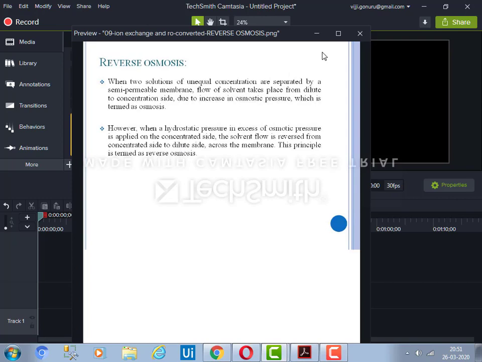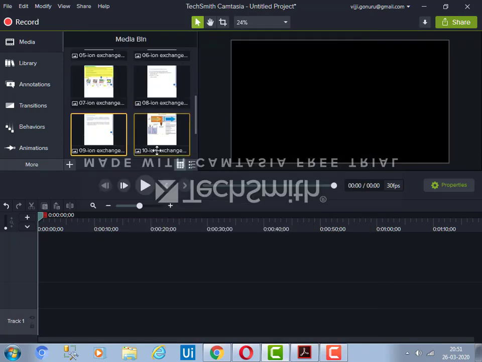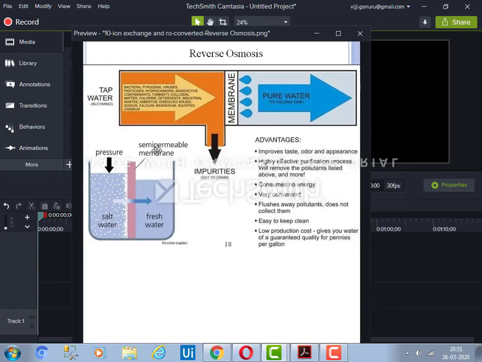Here seawater is highly concentrated water and pure water is low concentrated water. This is a diagram for the reverse osmosis process.